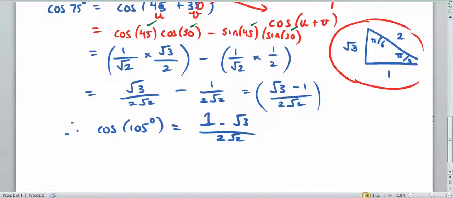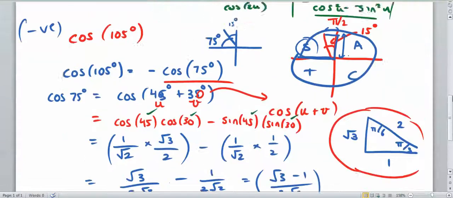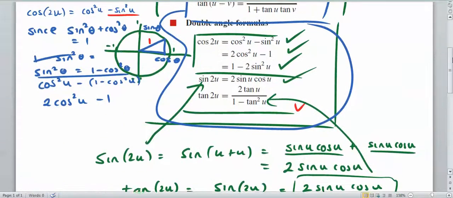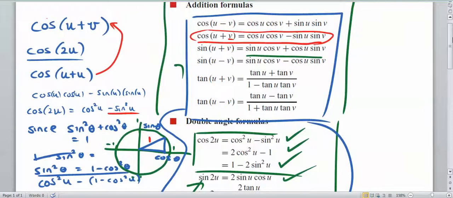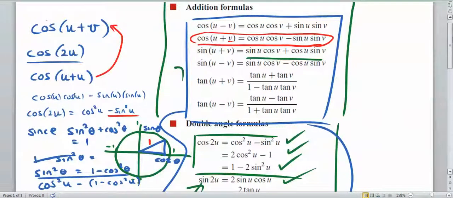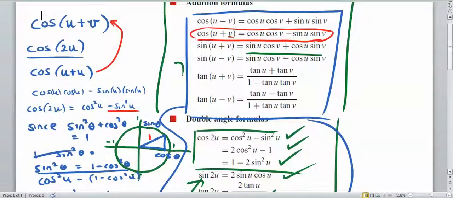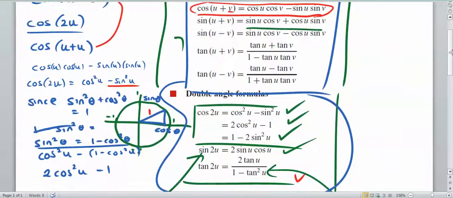Now, look, I could go ahead and do a number of these questions, but really, you are just using the formulas, okay? And rearranging. Now, when you get down to the end questions, we've got to do some proofs, in particular using the double angle formulas, and we're going to go through some harder questions through year 12.